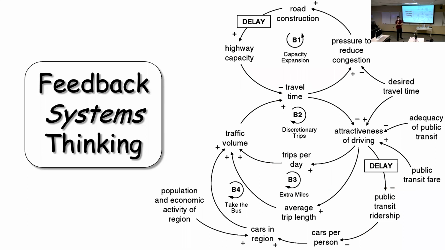And so we could simulate a number of different hypothetical 100-year forecasts with maybe different public transit fares, different things here, and we could see under which ones of them does highway capacity necessarily have to balloon, and under which one of them does it actually stay kind of stable. And so far we've really just talked about strategic thinking and scenario planning, but then adding in that sustainability piece is what metrics we are going to use to evaluate those scenarios that would come out of the behavior over time that will be generated.